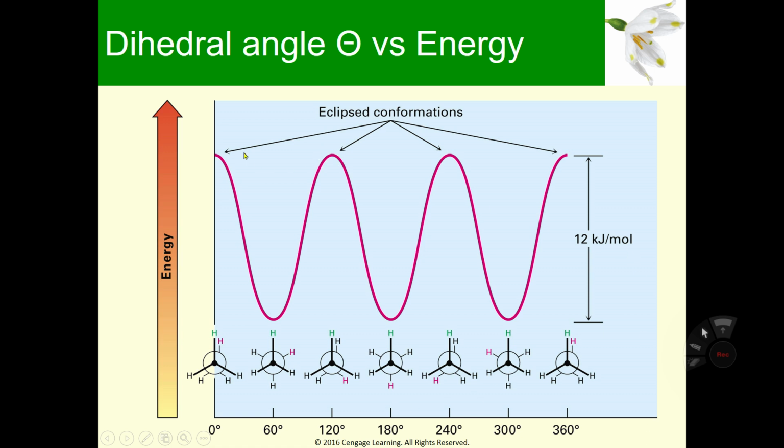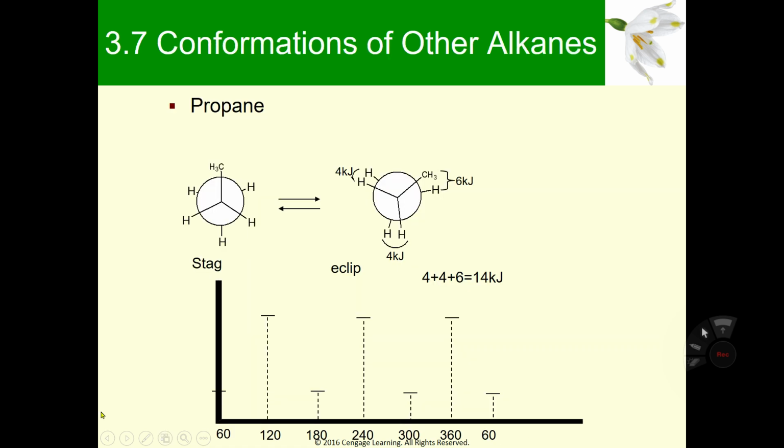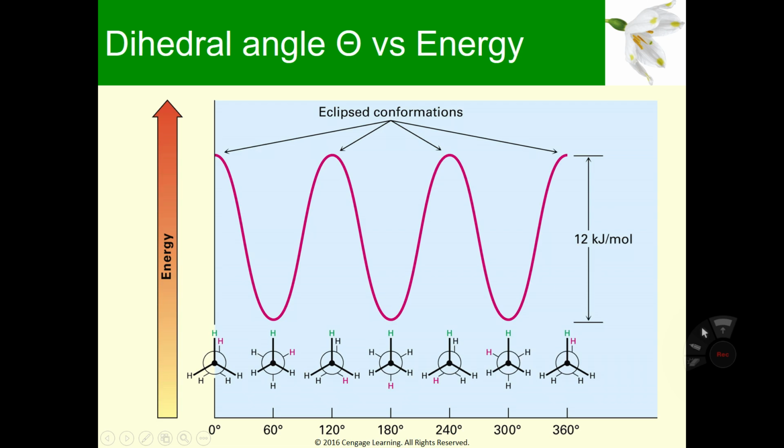This is the energy of the eclipsed conformer. This is the energy of the staggered conformer. When you rotate from staggered to eclipsed, there are energies between the staggered and eclipsed conformers. And we can smoothly connect these lines like this, right, to represent energy.